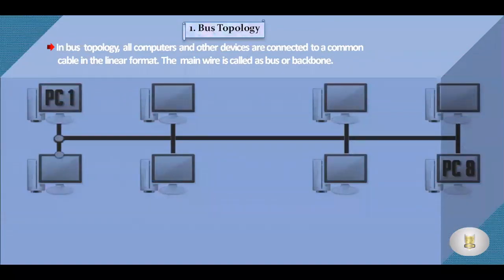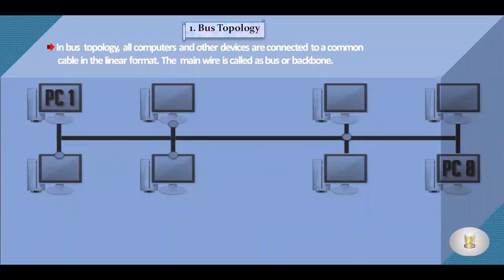Bus topology. In this topology, all the computers and other devices are connected to a common cable, which is called a bus, in a linear format. The main wire is called the bus or backbone, as you can see in the diagram below.